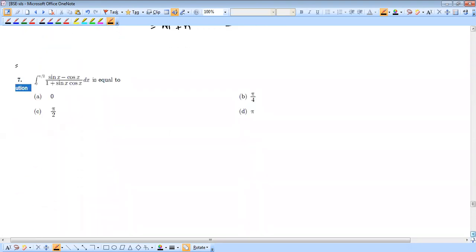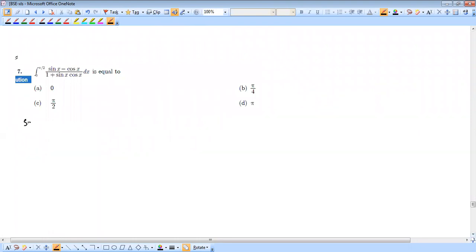Next, question number 7. Again, integrations, definite integrations. Let us take the first question. I is equal to integration 0 to pi by 2 of sin x minus cos x divided by 1 plus sin x cos x dx.